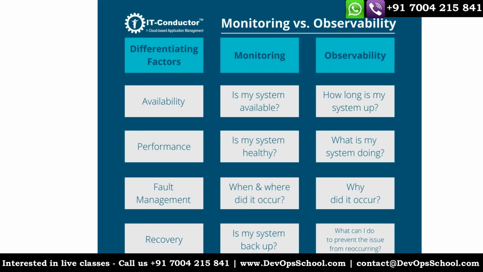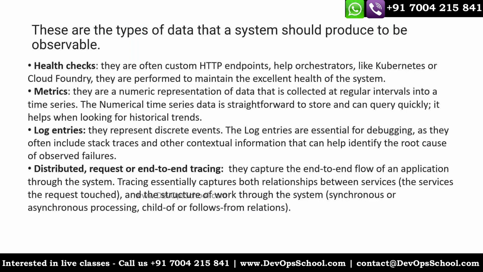In terms of fault management, monitoring will tell you when and where it occurred; observability, why it occurred. Recovery: monitoring tells you is my system back up; observability lets you ask what can I do to prevent the cause from recurring. So this is the differentiating factor of observability and monitoring.